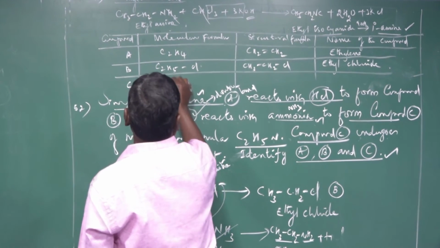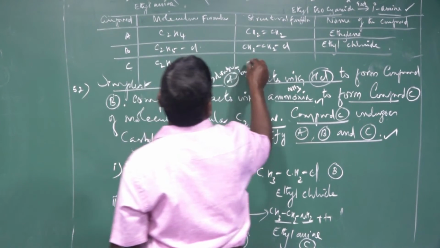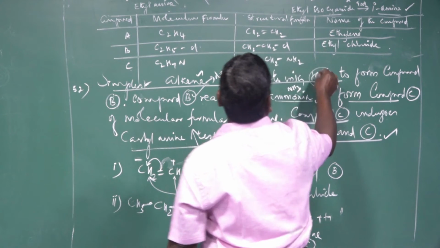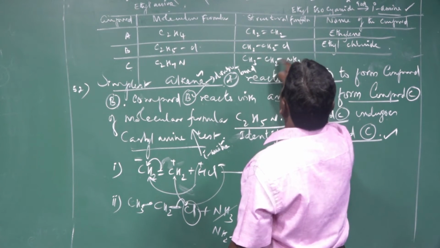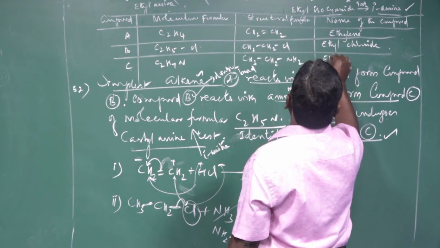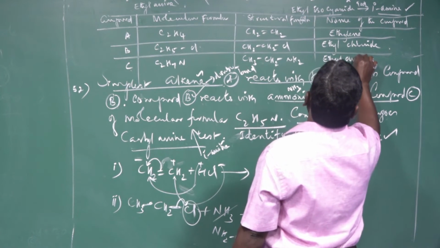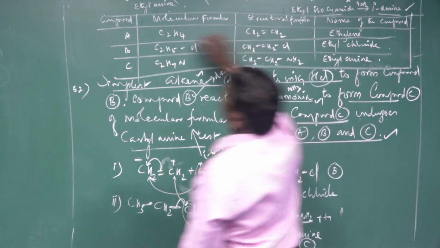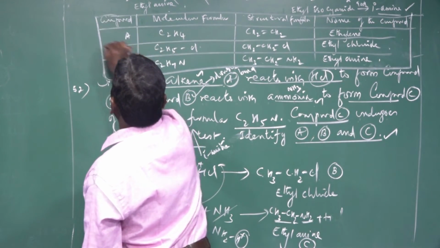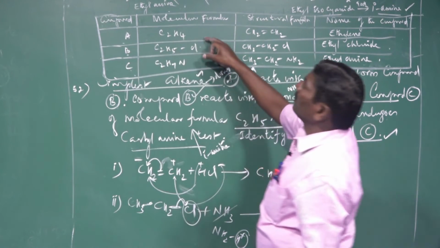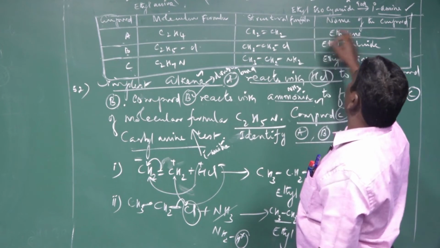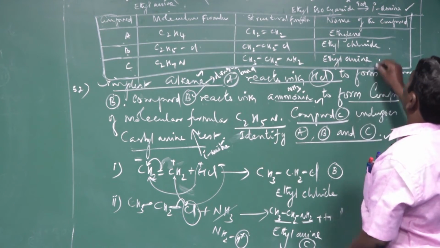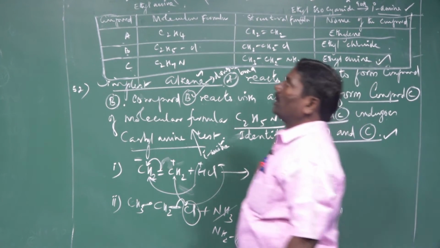Molecular formula C2H7N, structural formula CH3CH2NH2, name ethylamine. So the tabular column is over. Compound A is ethylene, compound B is ethyl chloride, compound C is ethylamine. This is the method we have to approach these organic problems.